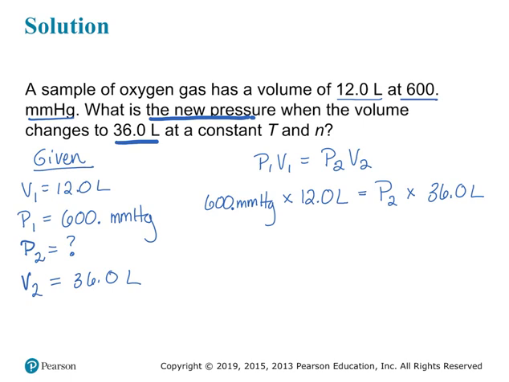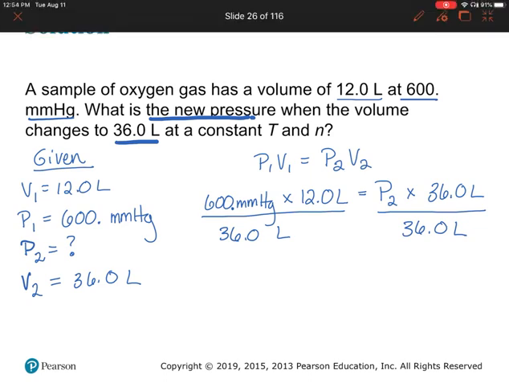Okay, so now we're going to isolate our unknown variable. So we're going to divide both sides by 36 liters. And let's make sure our units cancel. Let's see, liters cancels. Okay, so we're left with a unit of pressure, which is exactly what we want.